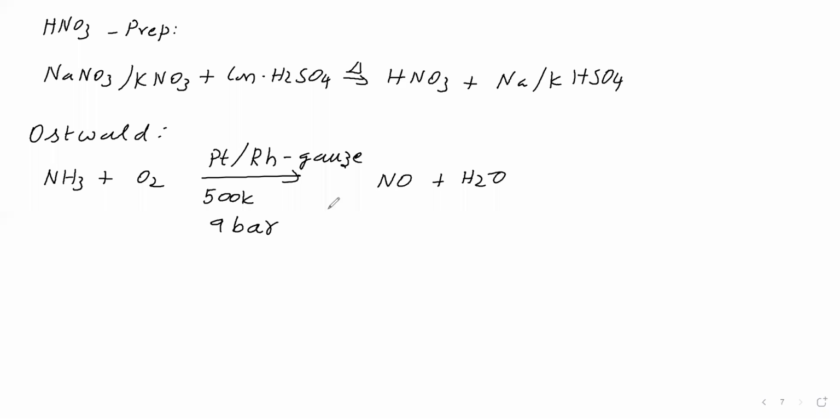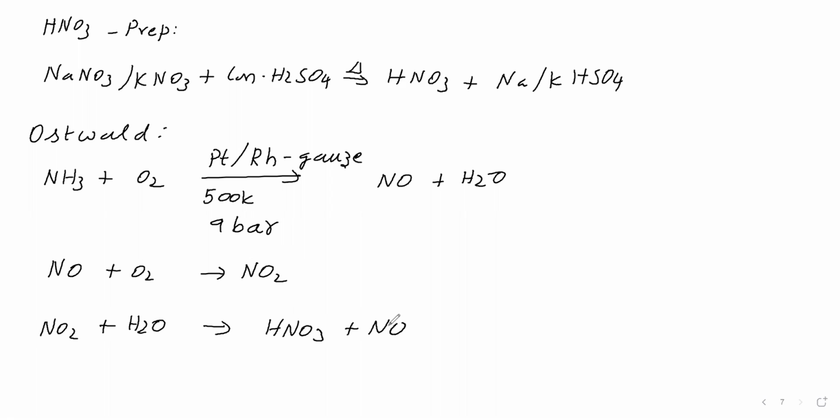Then this nitric oxide burns with oxygen to give nitrogen dioxide. This nitrogen dioxide dissolves in water to give HNO3 and NO. This reaction is called a disproportionation reaction because here nitrogen is +4 converting into +5 and here +2.